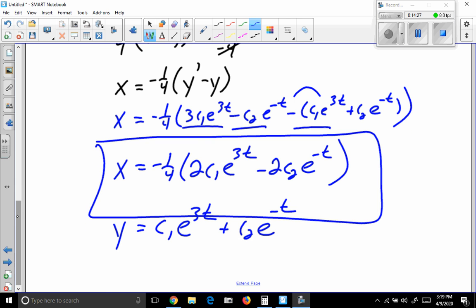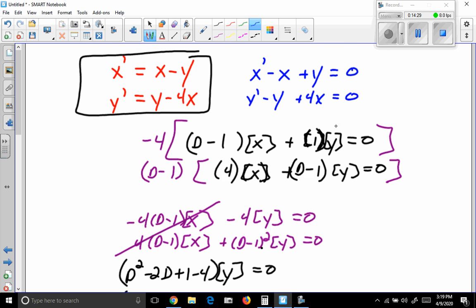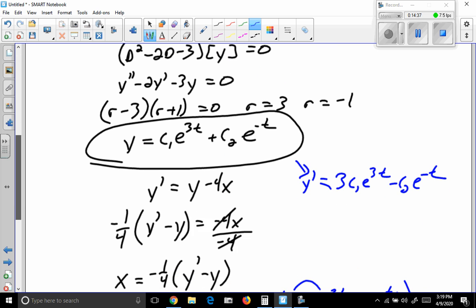If we did it the first method we described, which would be to eliminate y instead of x, and then solve that differential equation for x, then when we get to the point of writing x in terms of constants in our e's, we're going to have the same exponentials. We're going to have e to the 3t and e to the minus t, but we don't necessarily have the same coefficients.